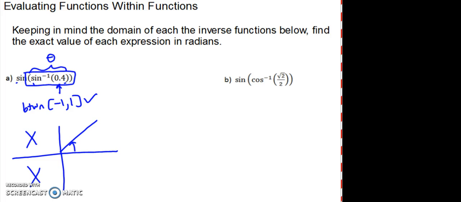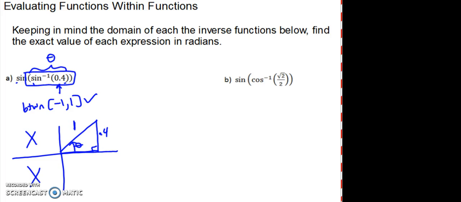But if I think about the triangle that this has to make, and compare it to the unit circle, which has a radius of 1, the ratio of the opposite side to the hypotenuse will be 0.4 to 1. So there's some angle measure that has that exact number for the sine. I could figure out what the other leg is, but again it's not important.